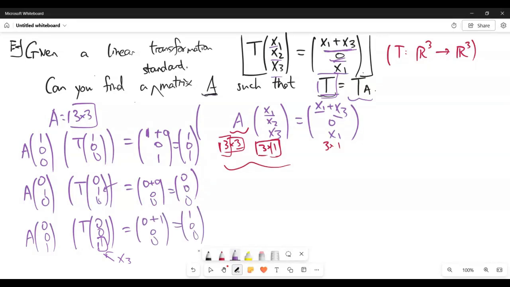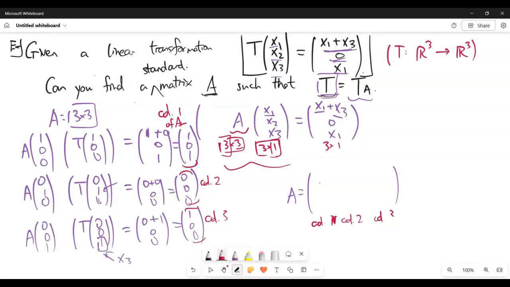Now, you can memorize it this way: you can think of the first result as column 1 of the matrix A, this one is column 2, and this one is column 3. It is always like this. It means that for the matrix A we are looking for, we have already obtained columns 1, 2, 3.